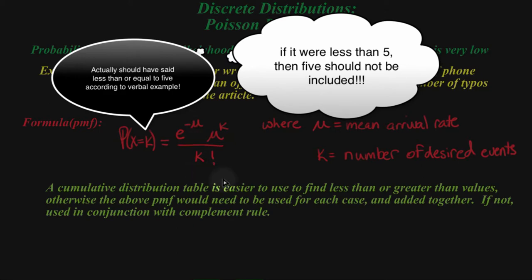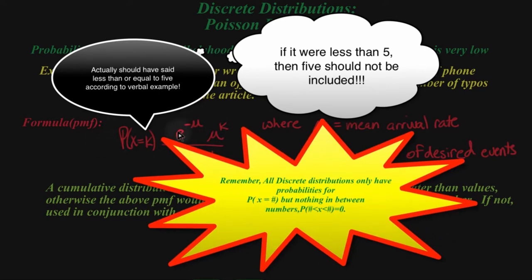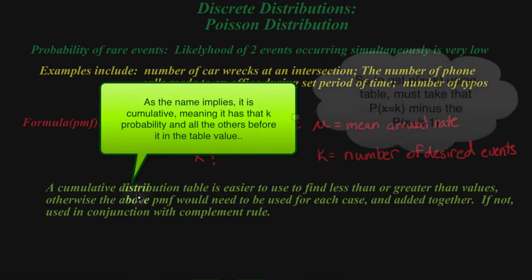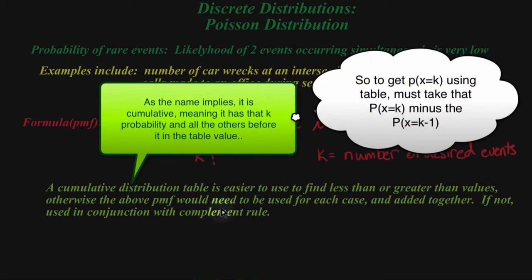So be familiar with calculating probabilities using the PMF and a cumulative distribution table. I'll show you both examples in the example videos. Only difference here is that for equality, for the cumulative distribution table, you would have to take that value minus the value before it. Again, this will be demonstrated in the example videos.